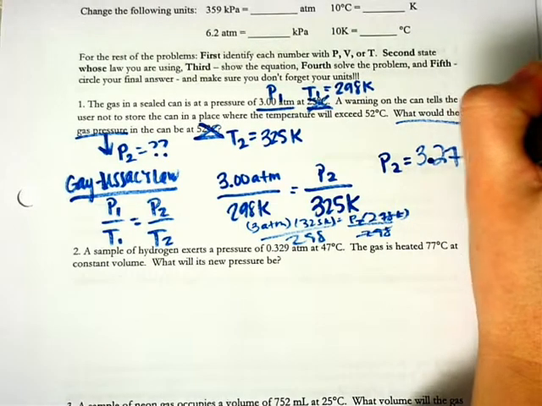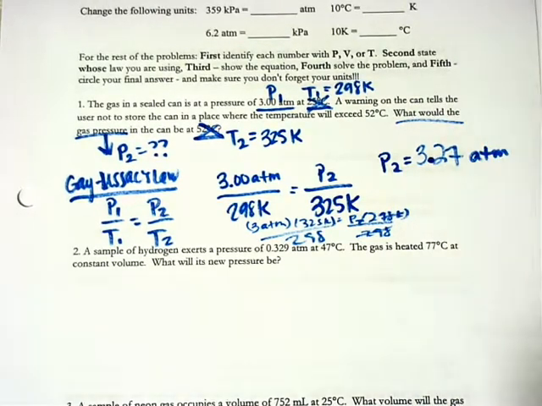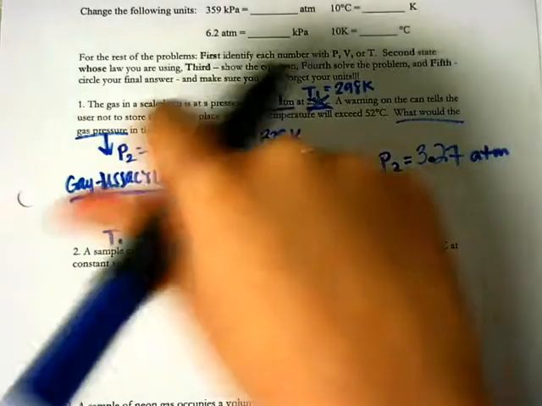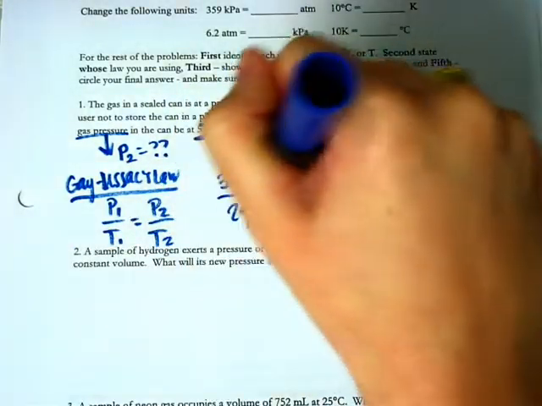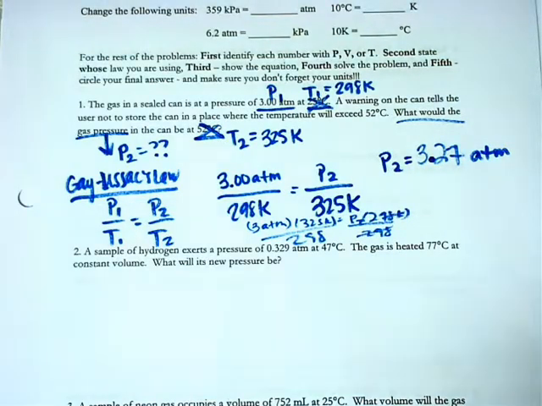And what are my units going to be? ATM. How do we know that? Because that's what we put into it, right? We want to know the pressure. So whatever units we put into there are the units we're going to get out. We can't just randomly change our units. They have to agree. We're always going to have Kelvin on both sides. If we're talking about volume, we have to have milliliters on both sides.